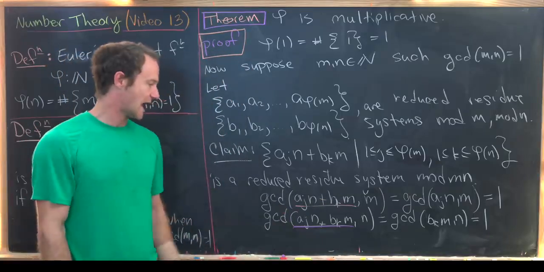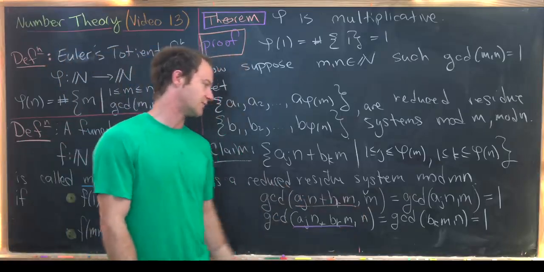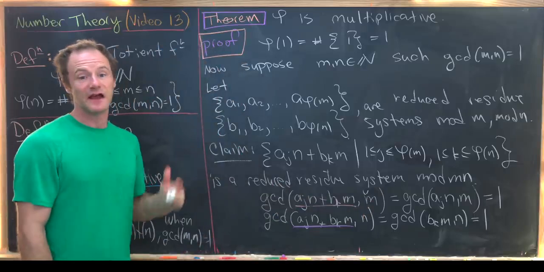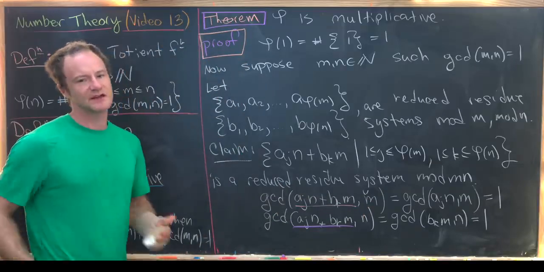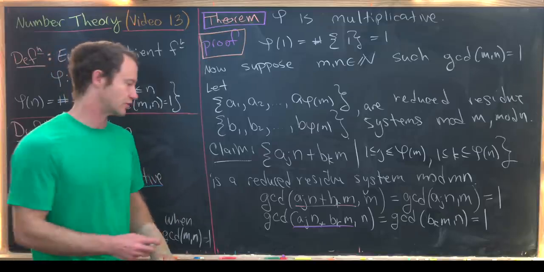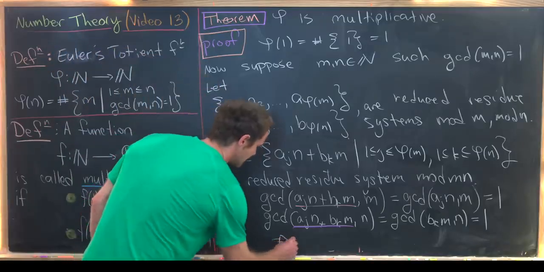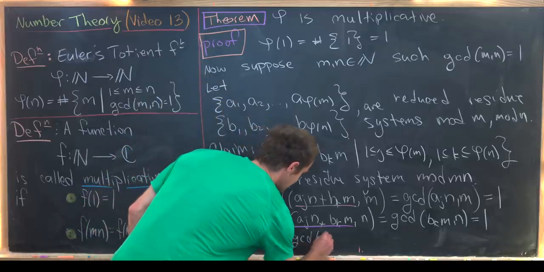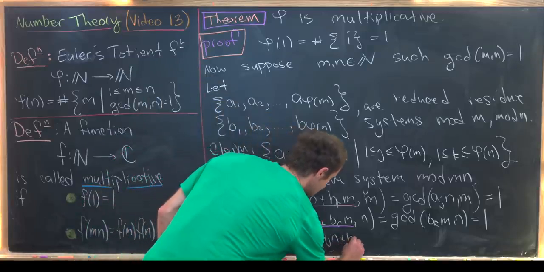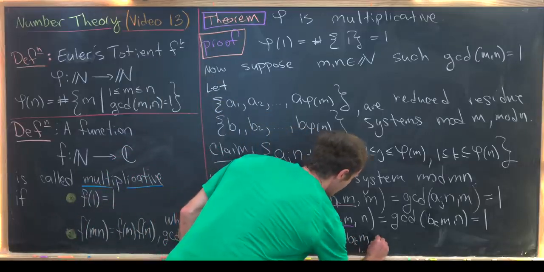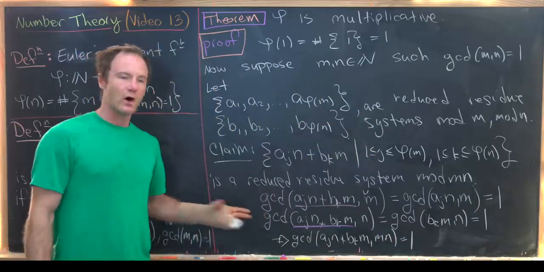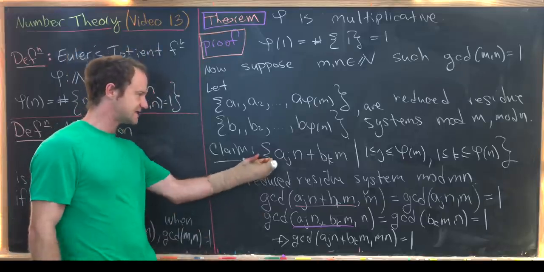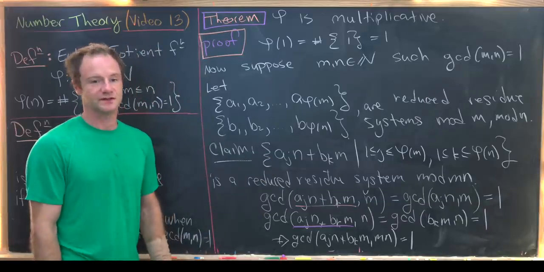But if those two pairs are both relatively prime to m and n, then they are relatively prime to the product of m and n. So again, that's one of the properties of the GCD that we proved early on. So notice that means that we have the GCD of AJN plus BKM with mn is equal to 1. And that's one of the properties we need for this set to be a reduced residue system.